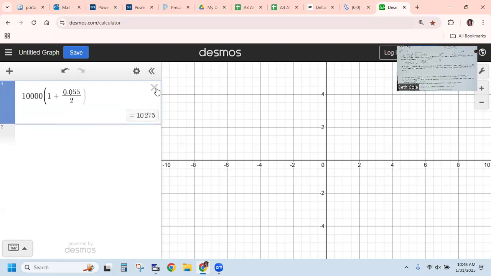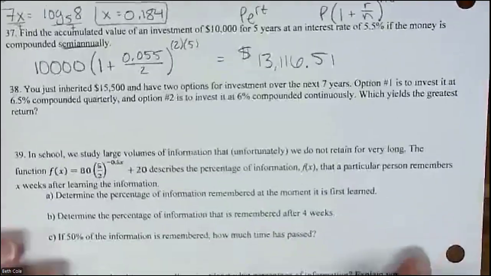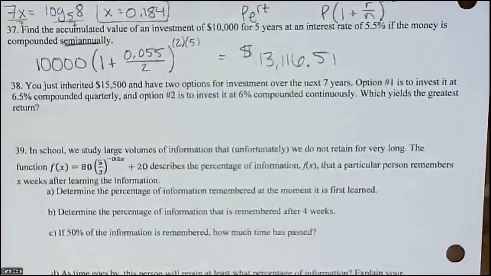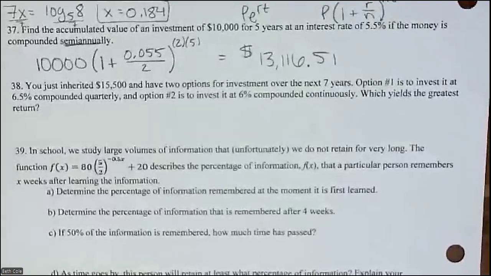All right, what is this? It's to the 10th power. Oh, it was a little bit over 12,000. 13,116.51. You can do 2 decimal places for money. So 2 decimal places for money is okay. I'll take whatever you put is fine.